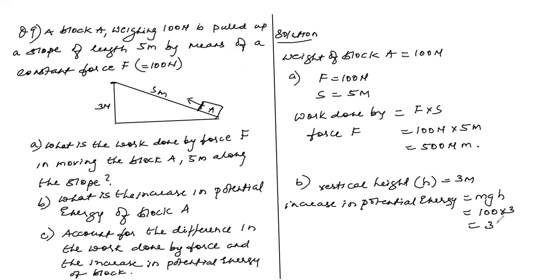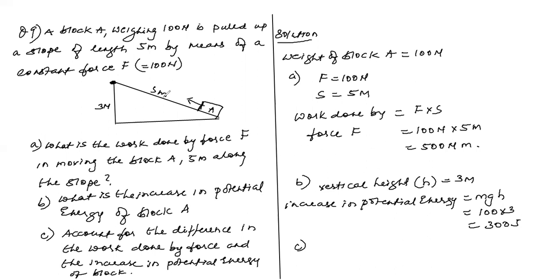It is 300 joules. Now the C part is the most interesting question. Account for the difference. See, if the potential energy when it comes here is 300 joules, but actually when you lift it from here, the work done was 500 joules. So all that 500 should have been stored in the form of 300 joules.